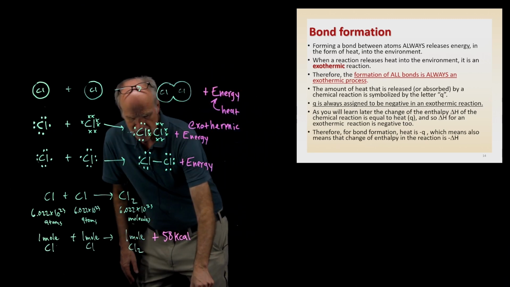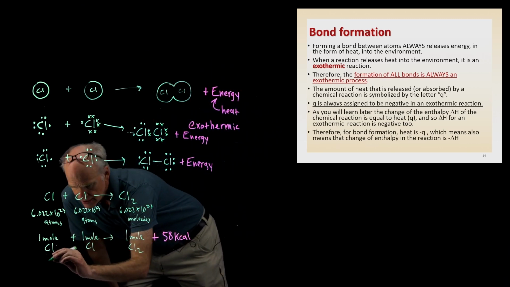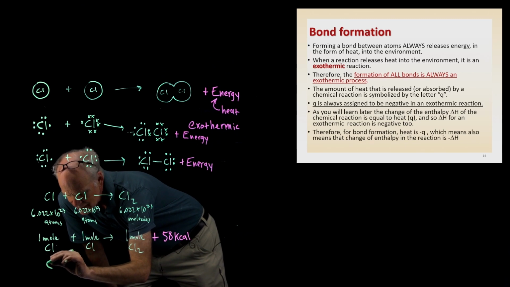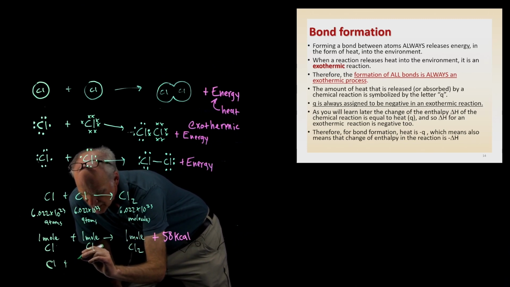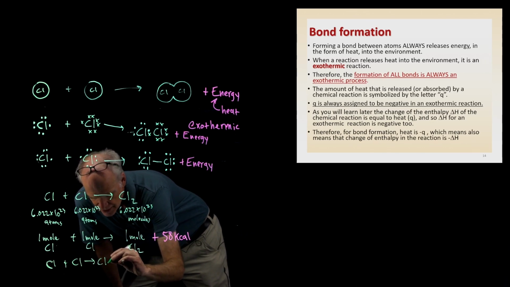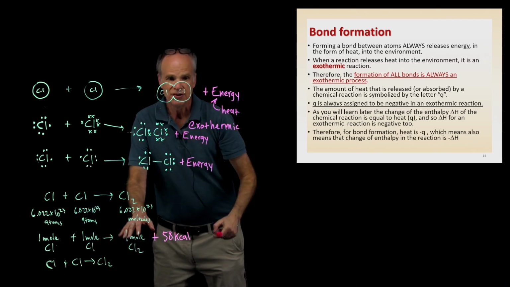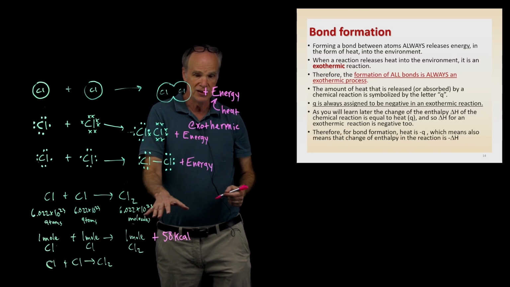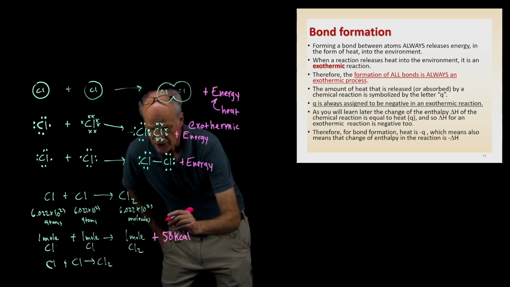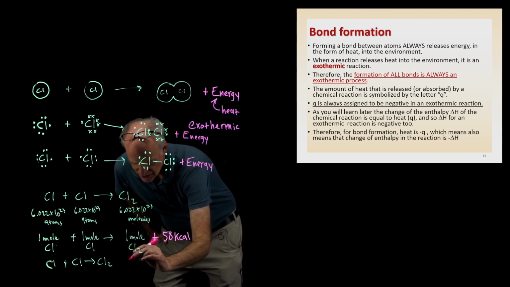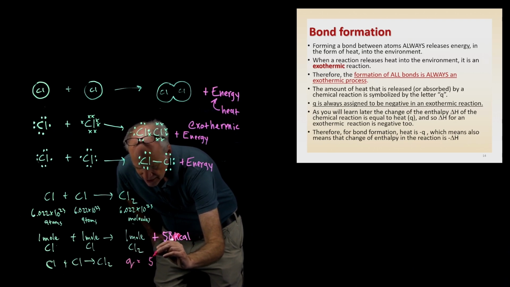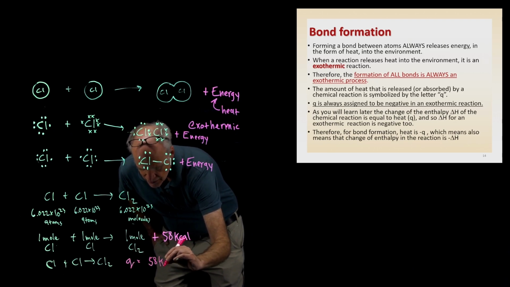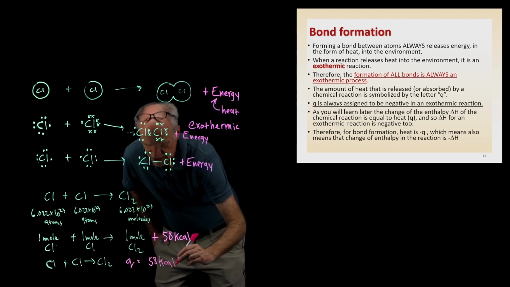And so let me write this in another way. I'm going to write chlorine, and I'm hoping you just remember this is 1 mole, plus another chlorine gives you Cl2. Now, I want to indicate the value of heat released, and so on the same line, I write the letter Q, and it's 58 kilocalories, because that is the amount of heat released.